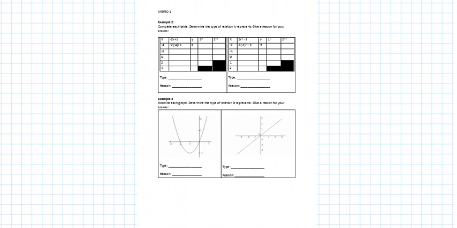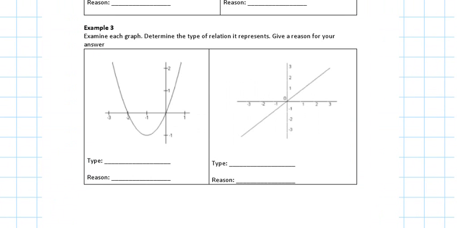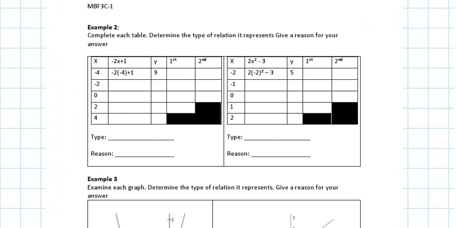So, I'm going to let you do these two, just by looking at the table. Can you tell me what the first one would be? Linear, right? Because you know from your equation. What should your second one be? Quadratic. So you are going to fill this out.